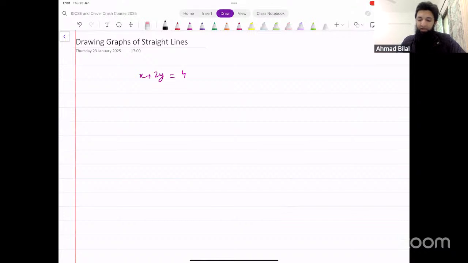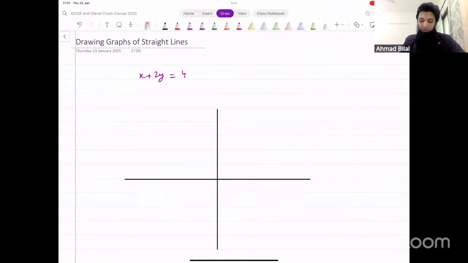Since it's a straight line, all we need is any 2 points on the line. So what we do is we draw x and y axis like this. We have this y axis, we have this x axis. You can put any value of x in this and get a corresponding value for y. So for instance, you can input x equal to 0.